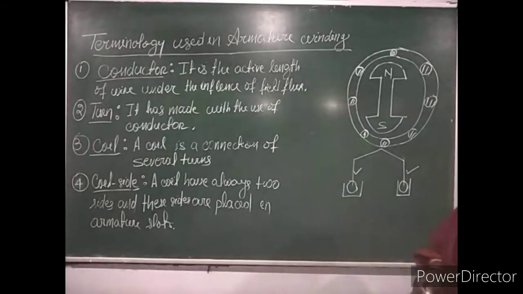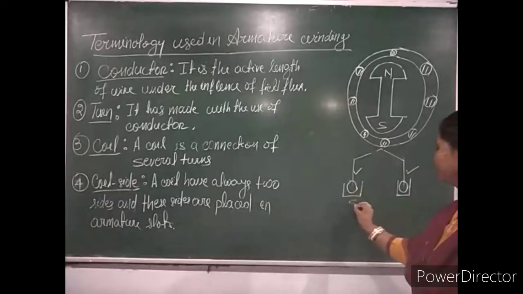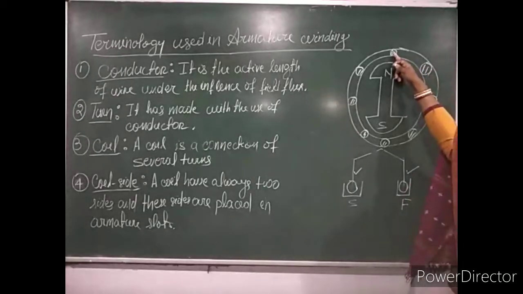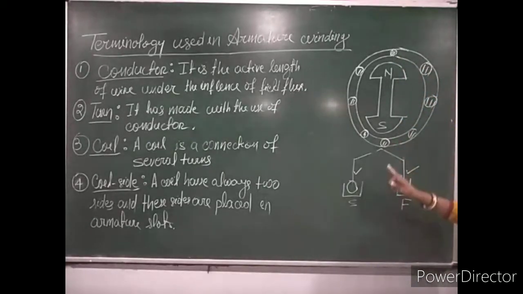Then come to the turn. What is a turn? A turn is made up of conductors. It means to make one turn, two conductors are required. The complete set of this connection, suppose this is the starting point of a conductor and this is its finishing end, so the complete set from the starting end to the finishing end is called one turn.